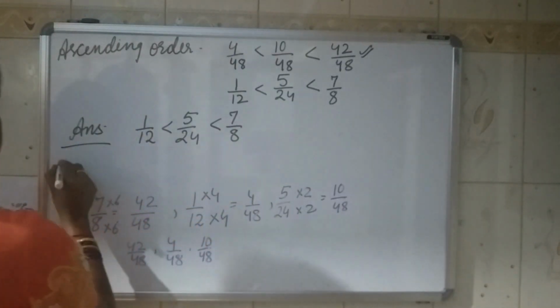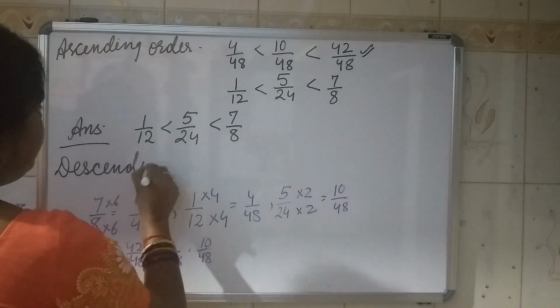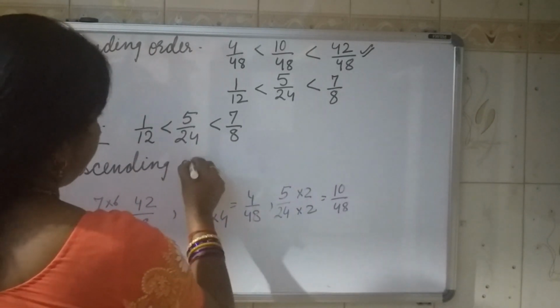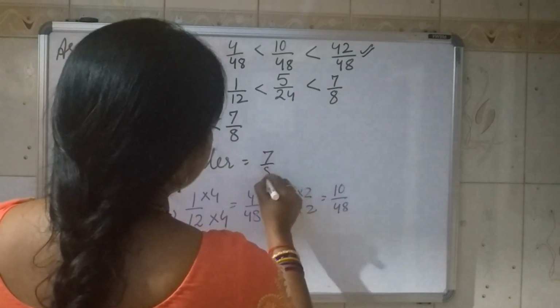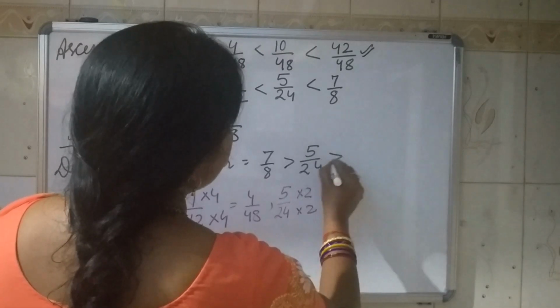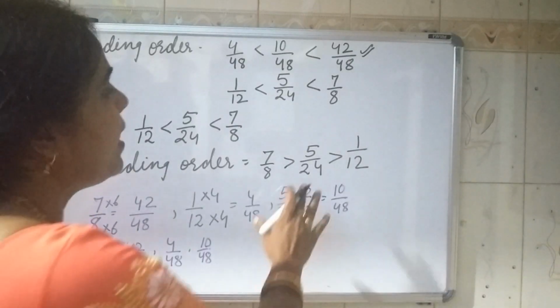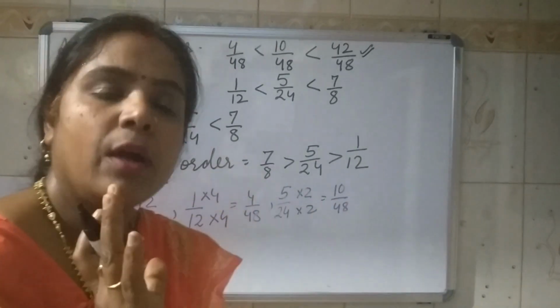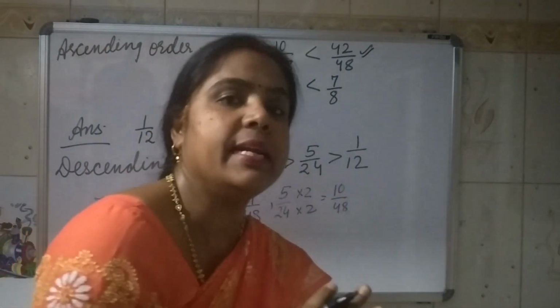Similarly, if it is descending order, in that case, what will we do? 7 upon 8 is greater than 5 upon 24 is greater than 1 upon 12. Clear to you? So this is the final step of the ordering of fractions, that is the ascending order and the descending order.